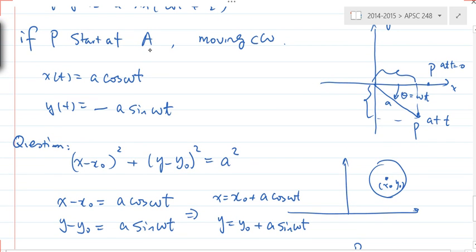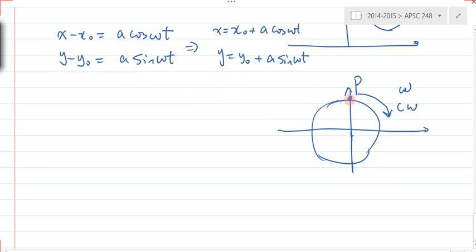Just like this one, starting at A, you use this, but now it's starting at this location here. So what would be the parametric equation? Just think about that, for this kind of motion.